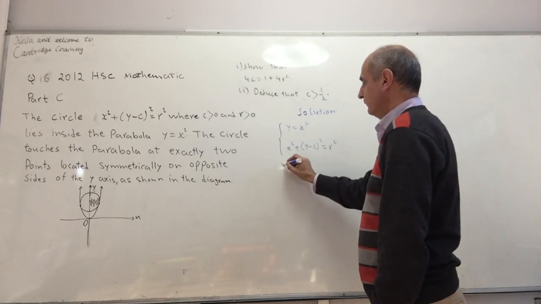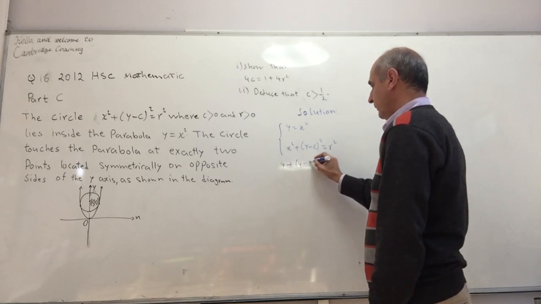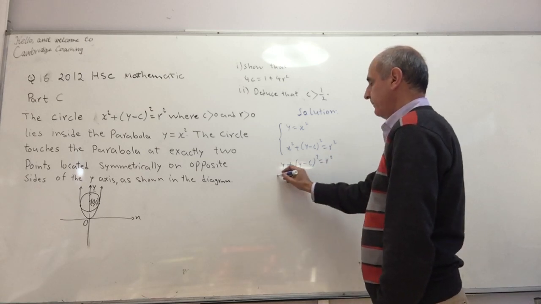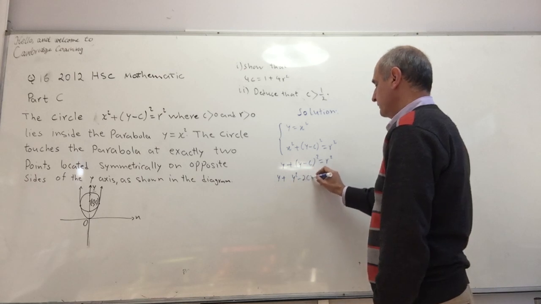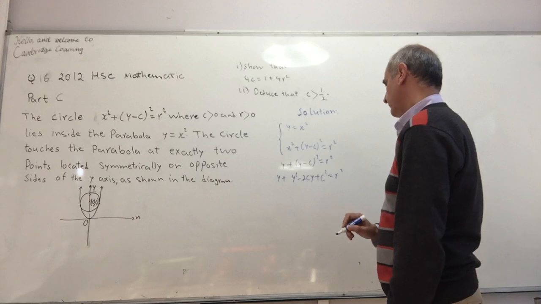So in place of x squared, I'm going to sub in y. Then that's going to be y plus (y minus c) squared equals r squared. Expanding that, we get y plus y squared minus 2cy plus c squared equals r squared.